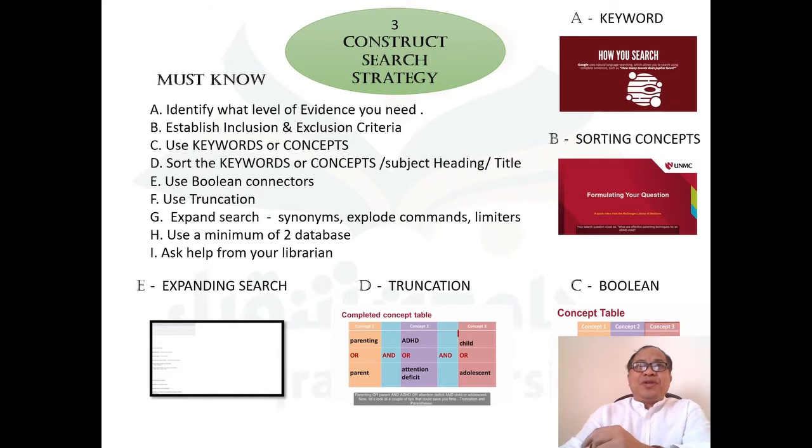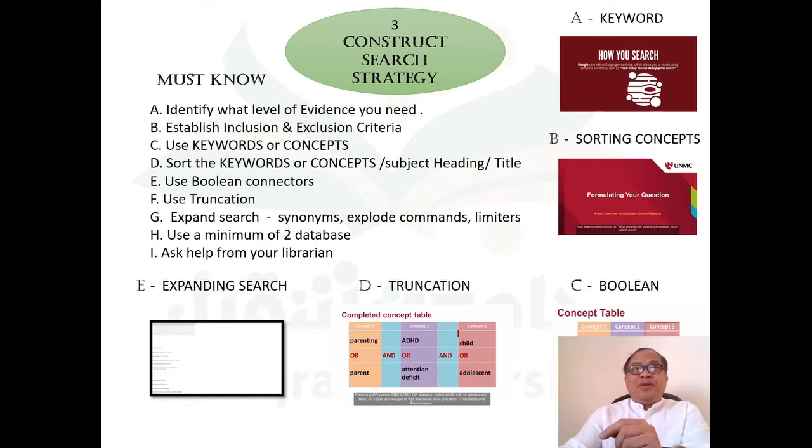So you have to type all your exclusion criteria, and how many years of available researches are you going to look for? Are you going to look for researches that have been published way back in 1972, 1945? No. You're going to look back only 5 years. If today is 2021, then you just have to go back 5 years. That is the inclusion and exclusion criteria that you have to do.